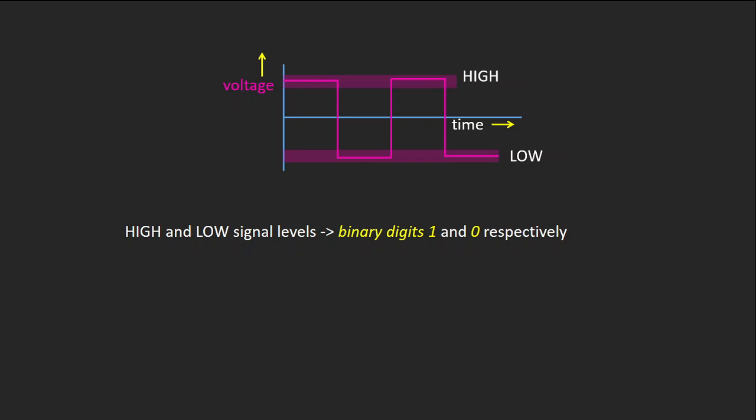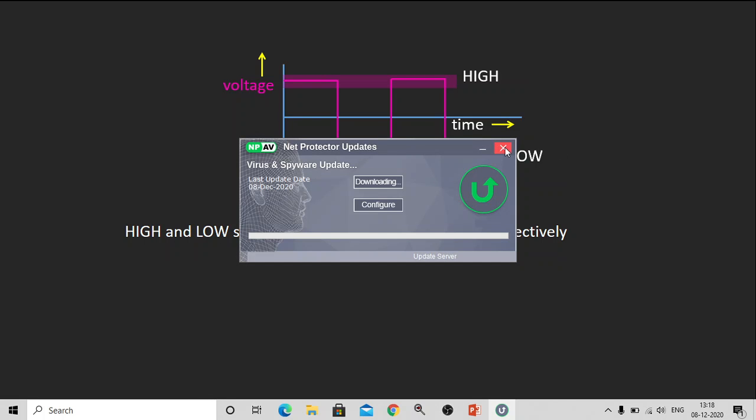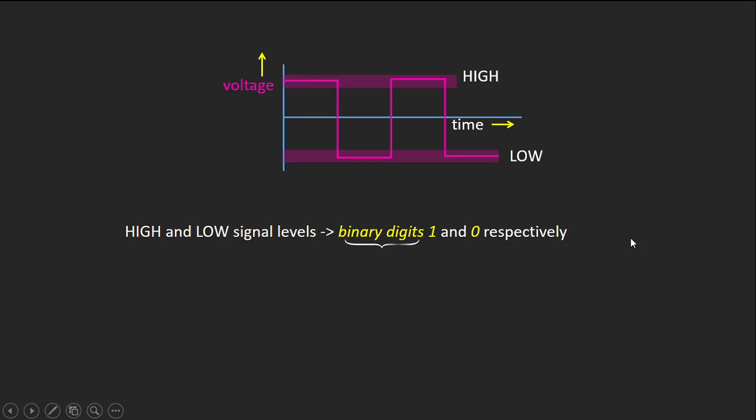Only two types of levels will be present, high and low, and we call those two levels the binary digits 1 and 0. And these binary digits are called bits. So binary digits are abbreviated as bits in digital electronics.